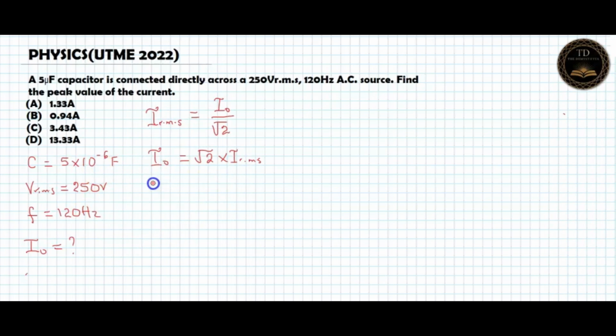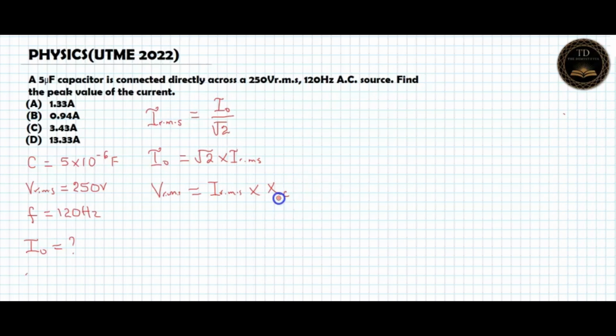Let's recall from Ohm's law, V is equal to IR. So V root mean squared is going to be equal to I root mean squared times, because we have a capacitor in the circuit now, the capacitive reactance, that's XC.